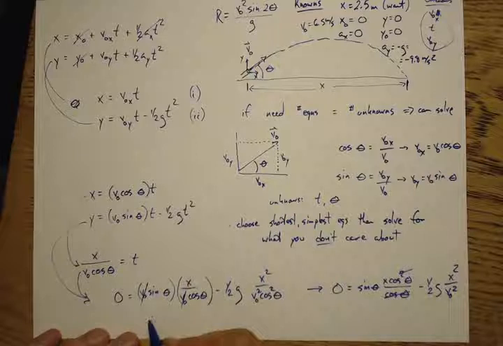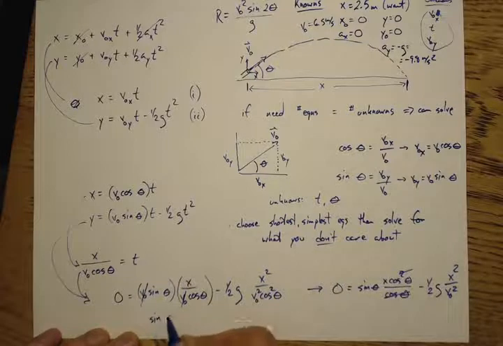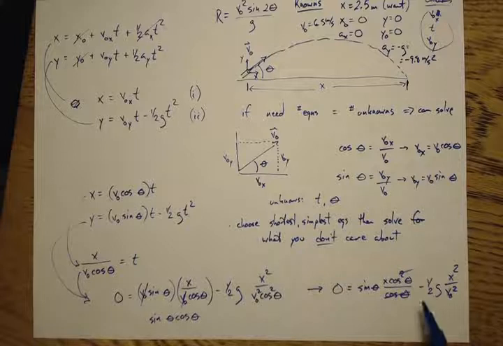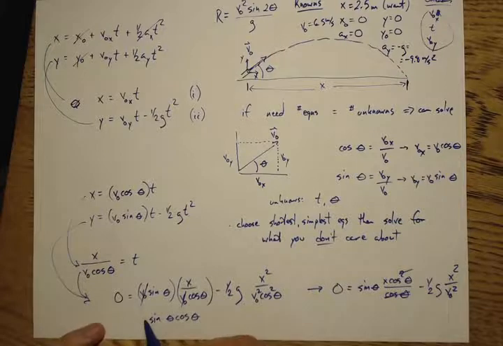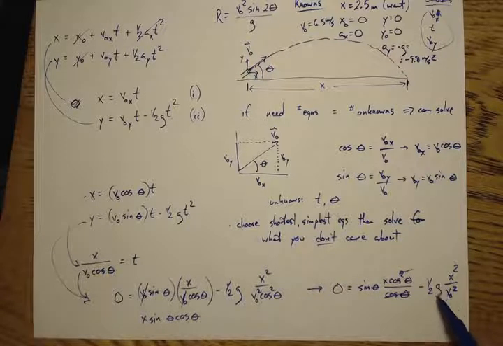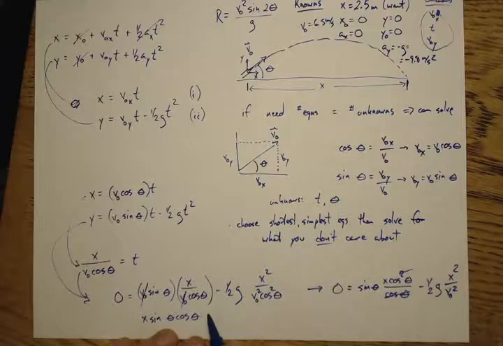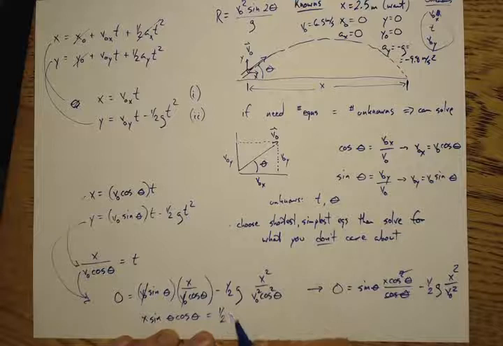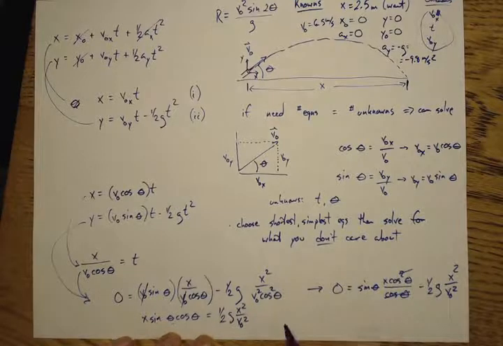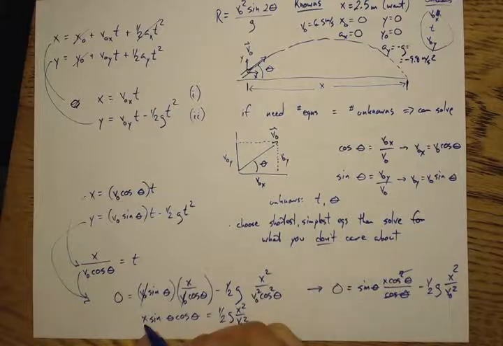So I'm going to get sine theta cosine theta times x. I'm going to add 1/2 g x squared over v naught squared to both sides. So this part will go away, and it goes around to the other side. And then I'm going to divide by x.